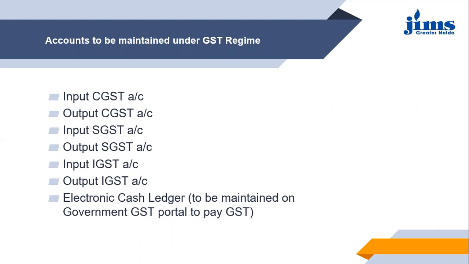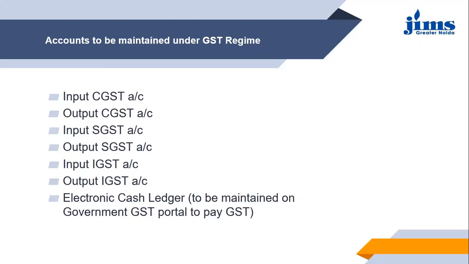So for any business concern, the journal entry may be on the inward supply taxes that have been paid or on the outward supply taxes that have been paid. So an input CGST account will be there, and an output CGST account will be there. Input CGST is whatever taxes you have paid on the inward supplies. Output CGST is whatever CGST you have paid in reference to the output supplies.